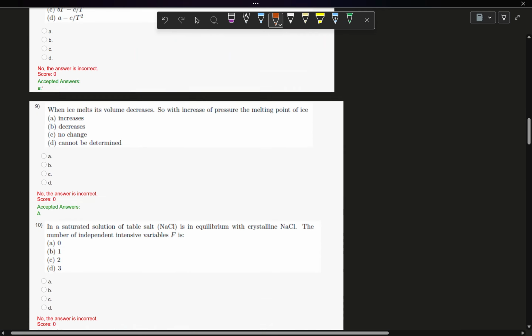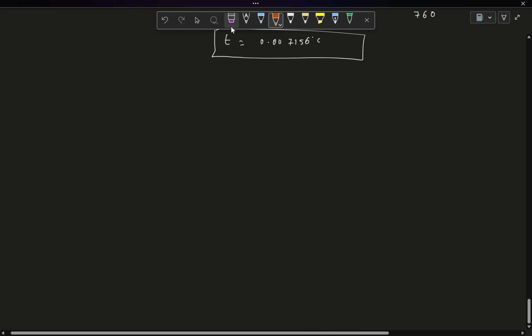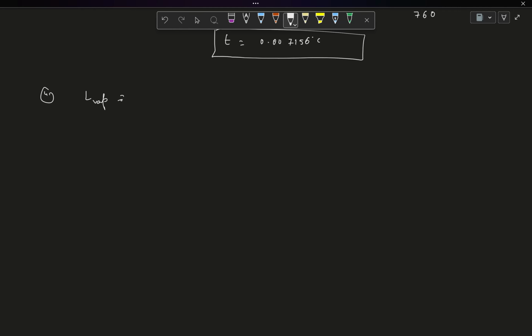Okay, so first let us write down what information we have, then solve this. Here it is given that the vaporization's latent heat is 539.3 calorie per gram, right? Now the boiling point temperature of water is 100 degree centigrade, which is 373 Kelvin.